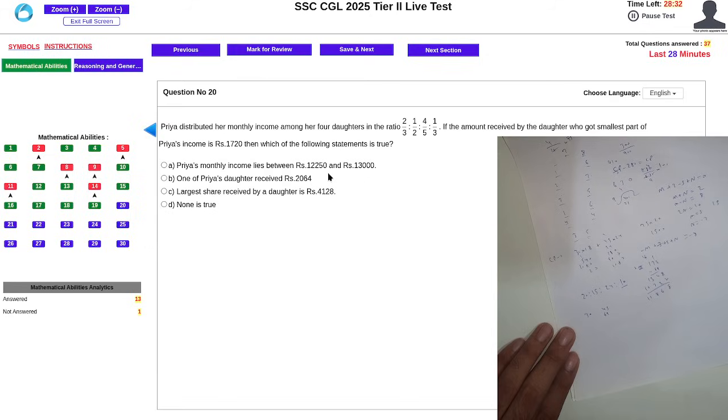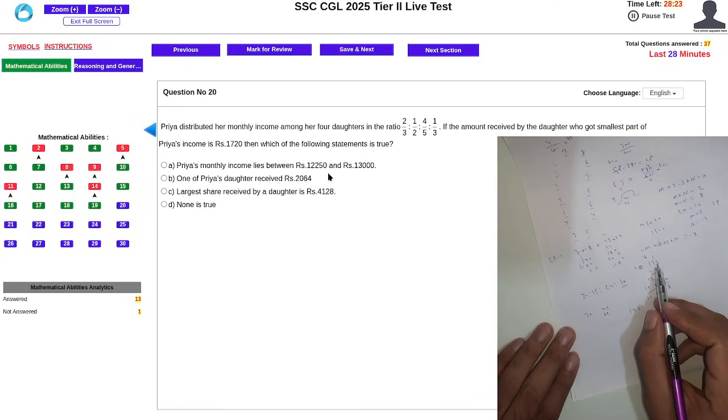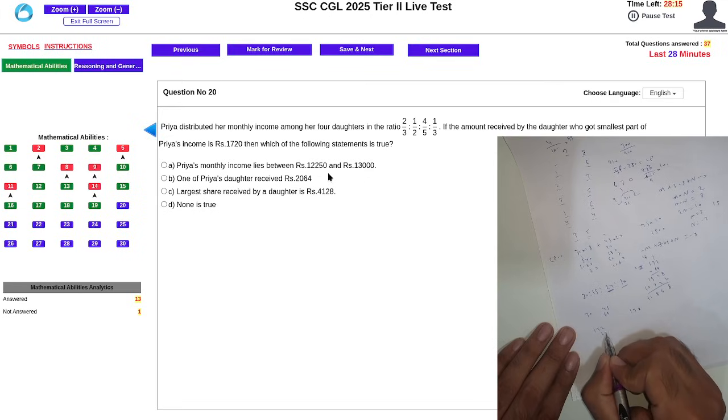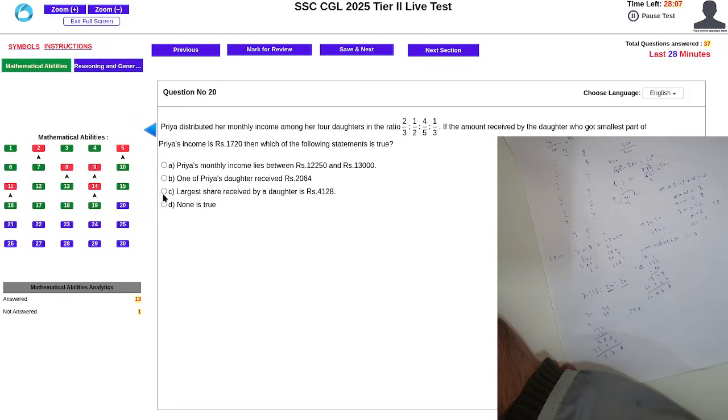One of them will receive rupees 20 and 72. The largest share is in the ratio. 28, 6, 58, 128.